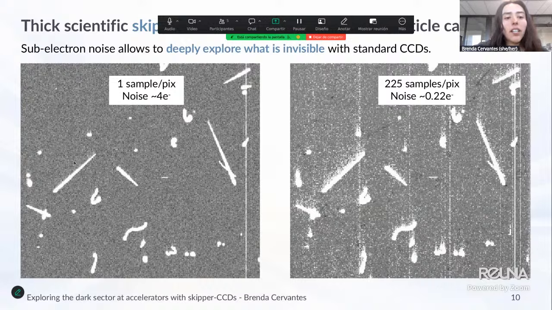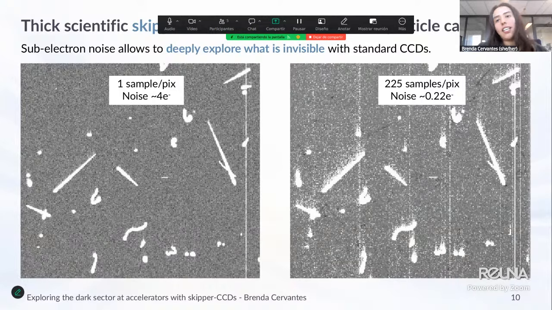As you can see here in the left image, you are not able to discriminate all the less than 4 electron depositions that happen within the background because you are dominated by your noise. And in the skipper image, you are able to see actually a lot of 1, 2 electron depositions that are already there, but you are only able to identify with this sub-electron noise.